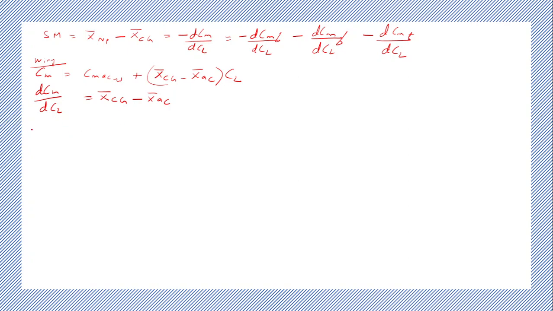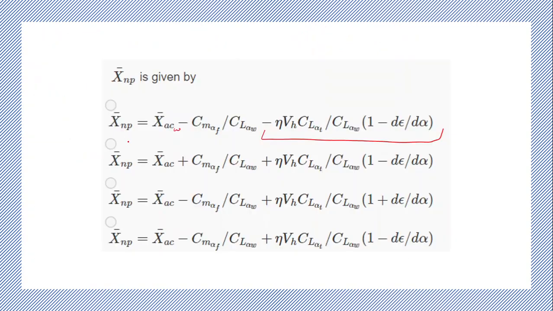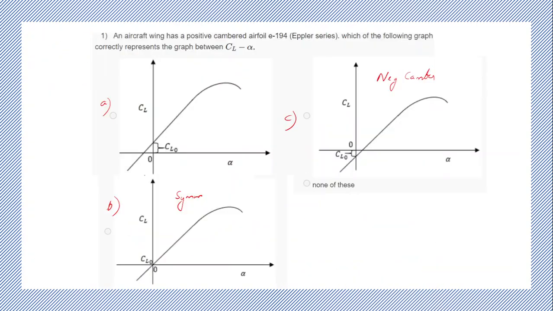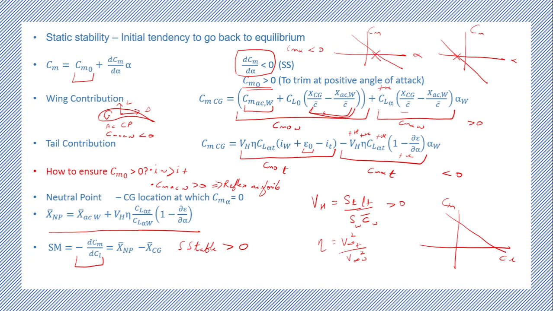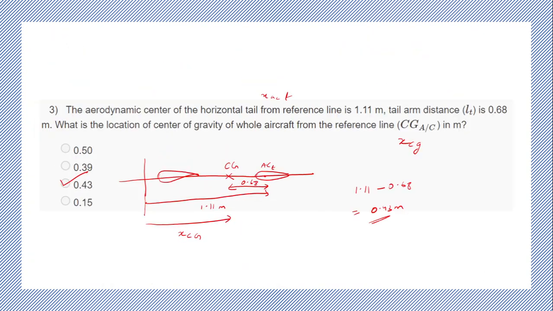Okay, now let's look into the tail. If I were to do the tail, Cm was the Cm naught, whatever the Cm naught term was, we don't have to worry about that for the stability derivation. And then you had that VH term.